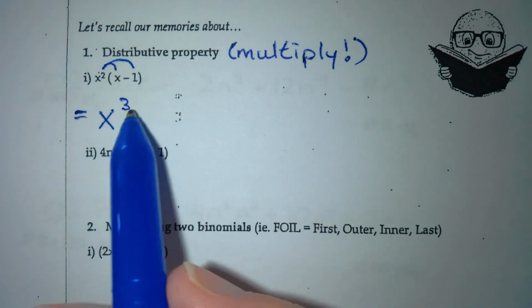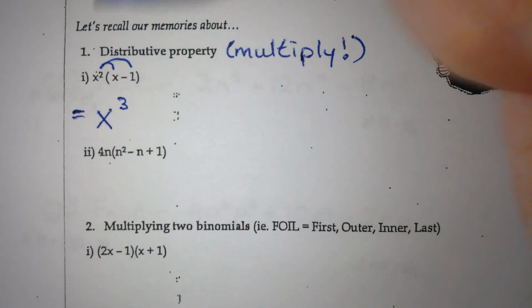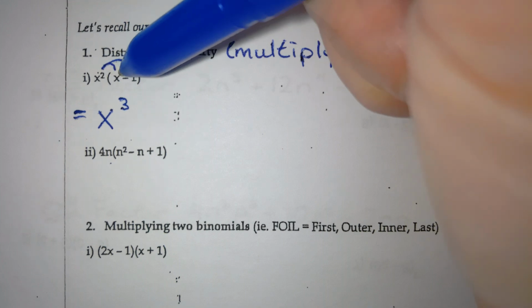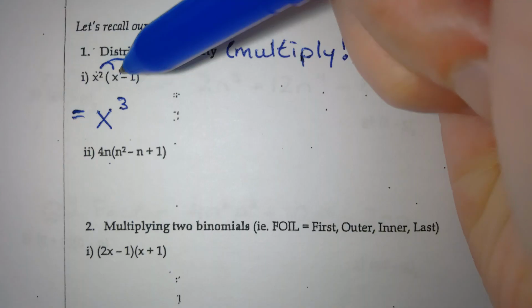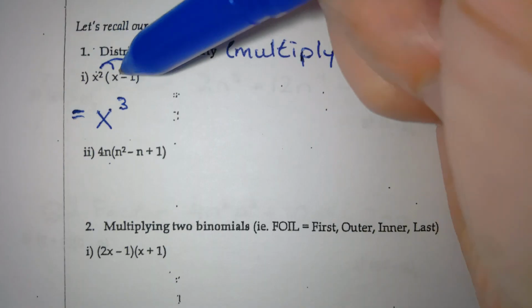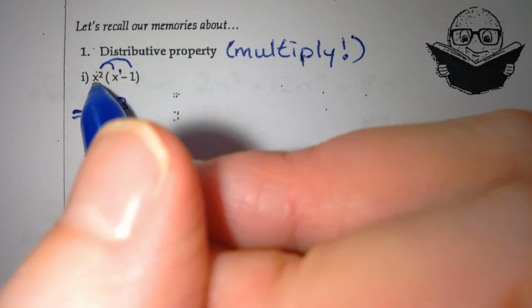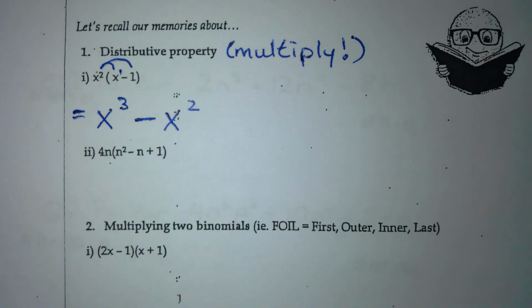As William said, x squared times x gives you x cubed. Where did the 3 come from? Right, thank you, Gavin. The 2 and the 1 are your exponents. When there's no exponent on the x, there's still a 1 there. So 2 plus 1 gives you 3. And then x squared times negative 1 is simply negative x squared.